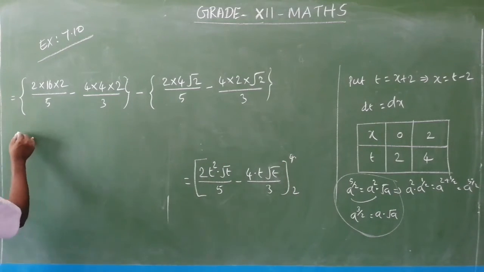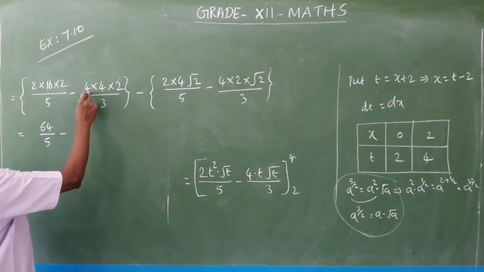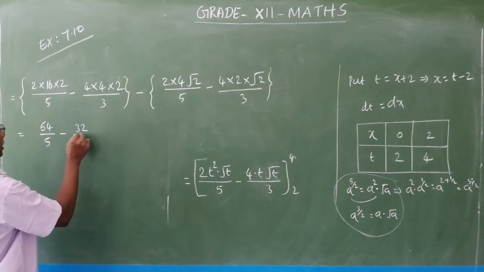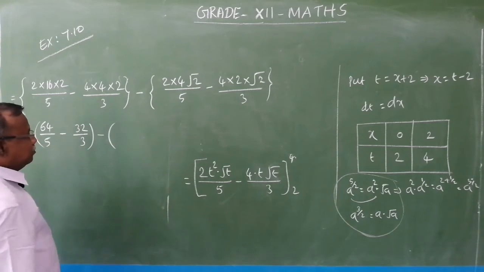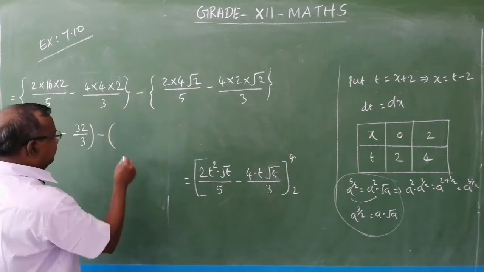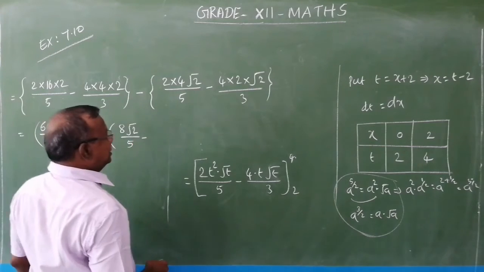This equals 2 times 2 is 4, 4 times 16 is 64 divided by 5, minus 4 times 4 is 16, 32 divided by 3, and minus 8 root 2 divided by 5, minus 8 root 2 divided by 3.